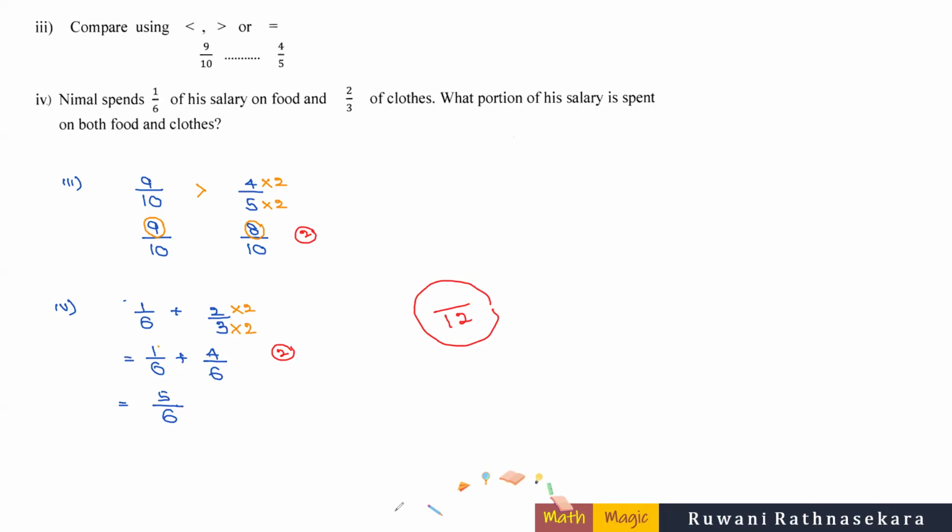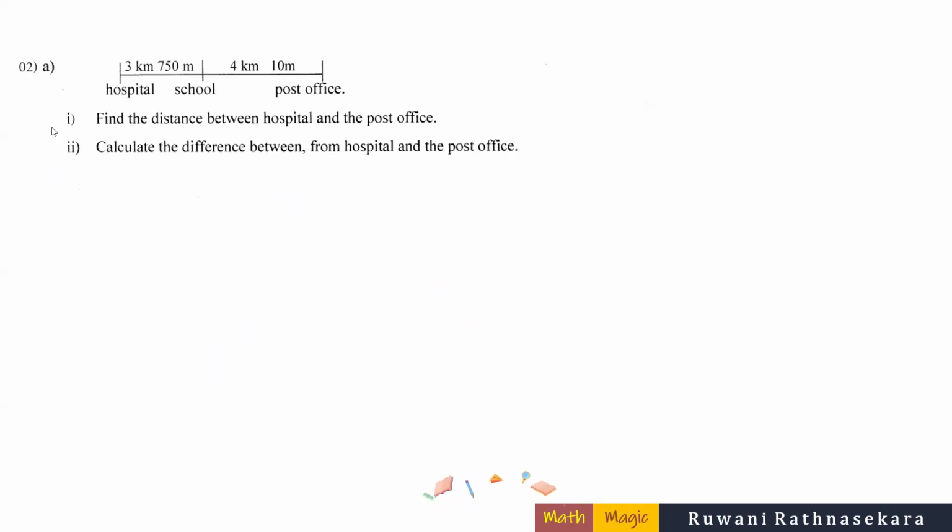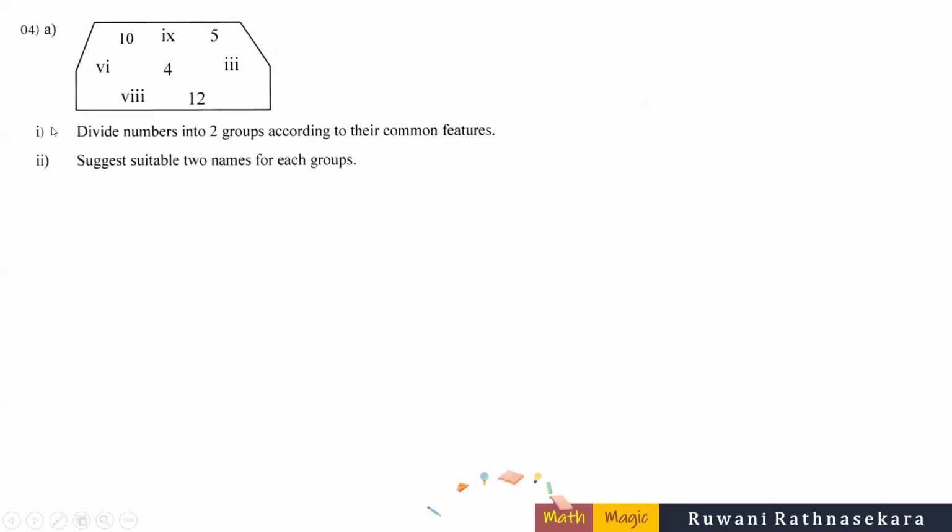For the first question of this paper, this way. Right. Now, we'll see what the next question I have selected for the discussion is.